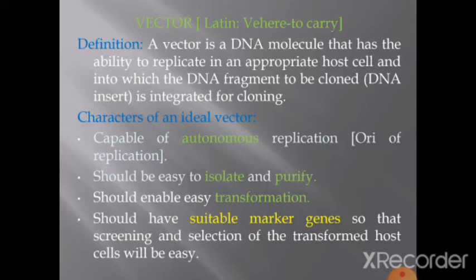This is possible only when they have their own ori, origin of replication. This topic needs a little bit of background of molecular biology, which I hope you have studied in your previous semesters. So first thing, it should be capable of autonomous replication. That means a vector should have its own ori of replication.